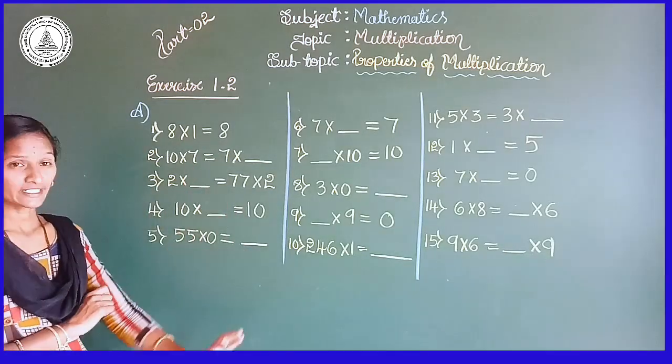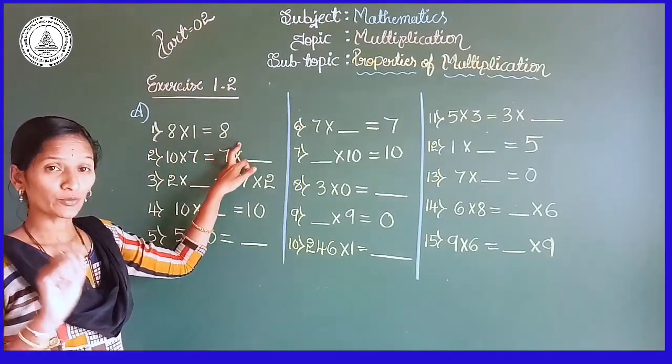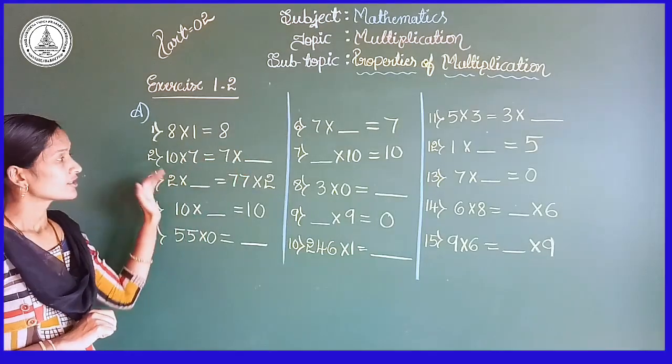The first one they already did. So 8 into 1 is equal to 8. This is the third property of multiplication. Right? So come to the second one.